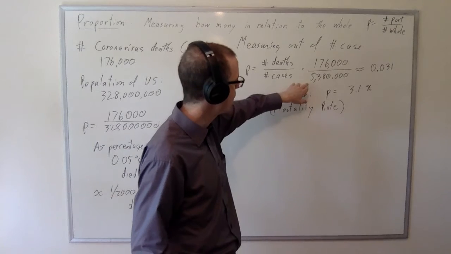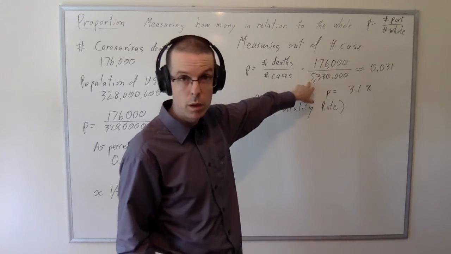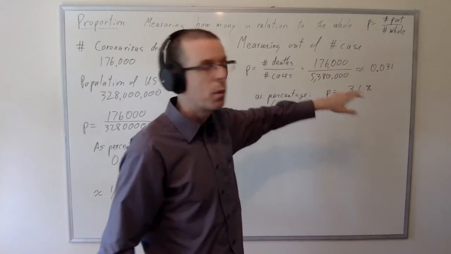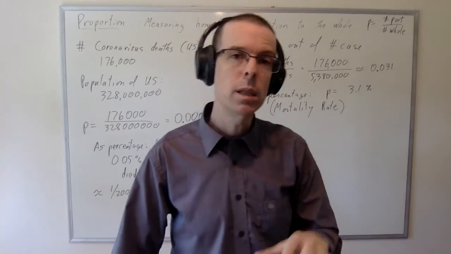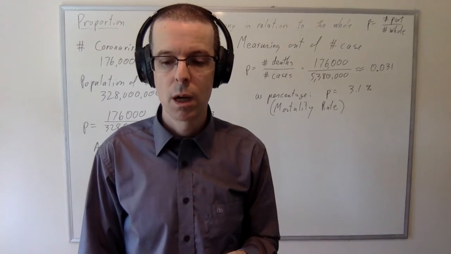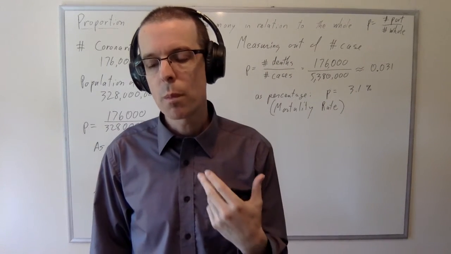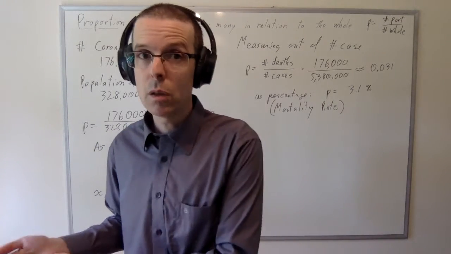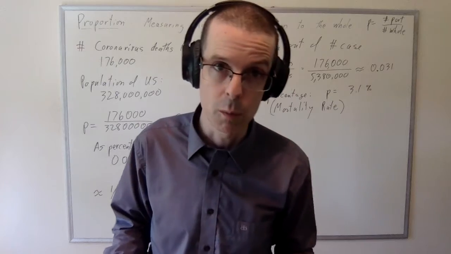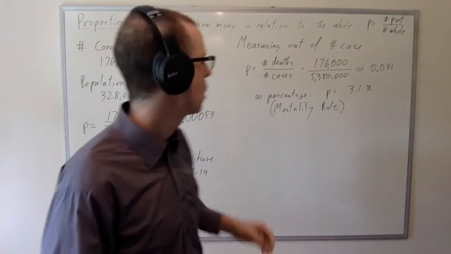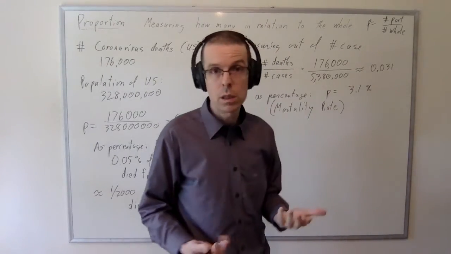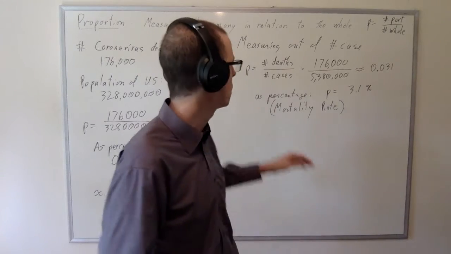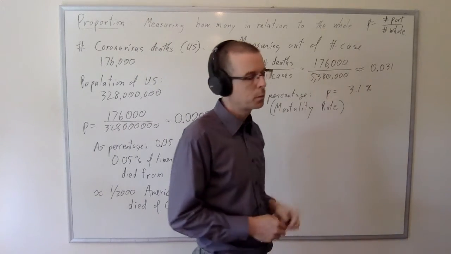Well, actually, some asymptomatic cases may be counted among here if they're confirmed, but there are many unconfirmed asymptomatic cases of this disease. And if we're measuring the dangerousness of this disease, the disease is not lethal for those people who carry it and have no symptoms, by definition. But they do have the disease. I mean, they are carrying the virus. And so they should be counted in here.